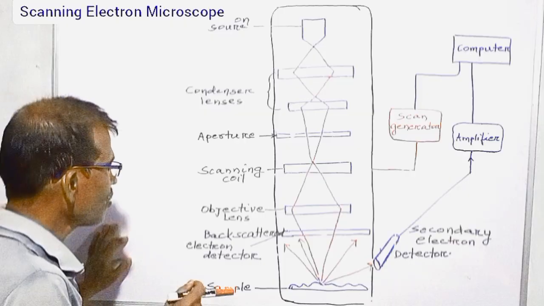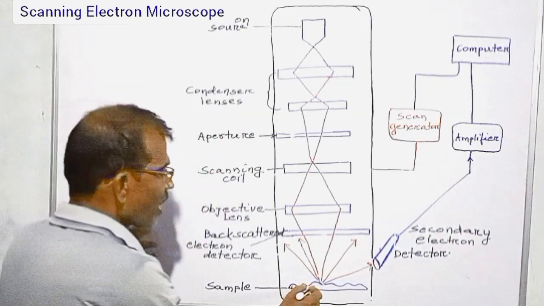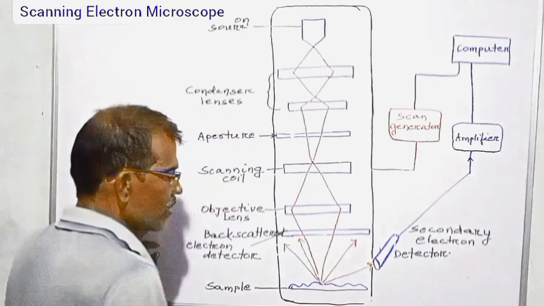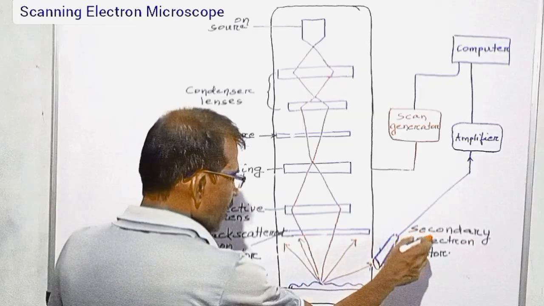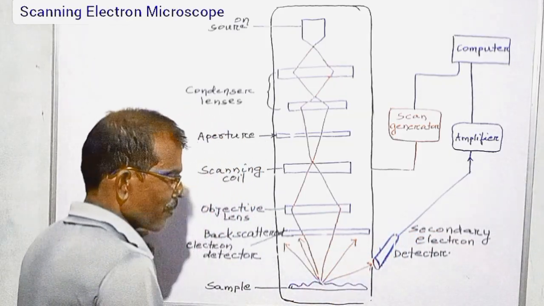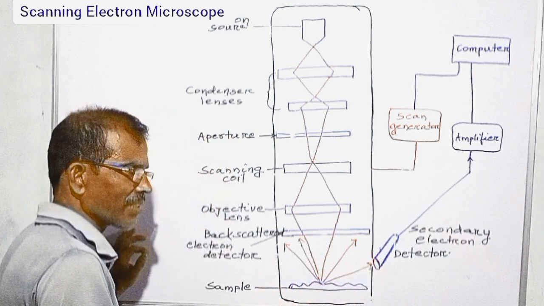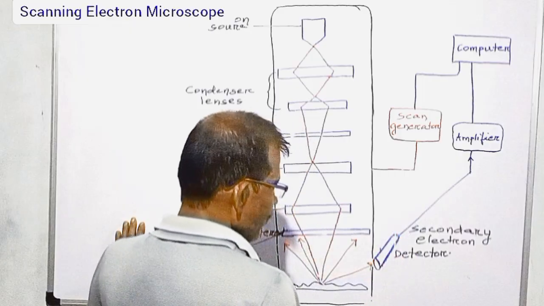When the electron beam strikes the specimen, two types of electrons are emitted from its surface. One type of electron is known as secondary electron, which is of low energy. These electrons generate a weak electrical signal, which is recorded by the detector.